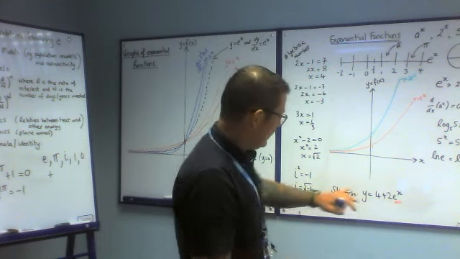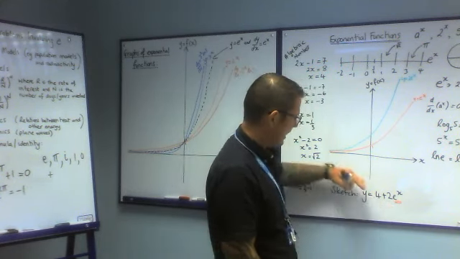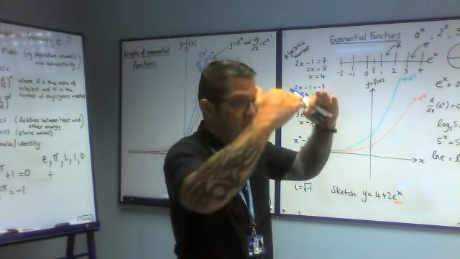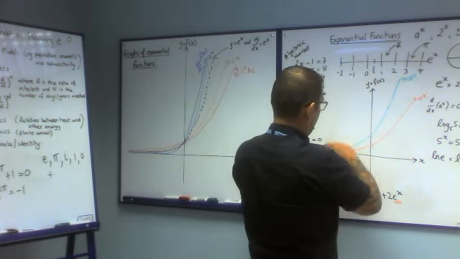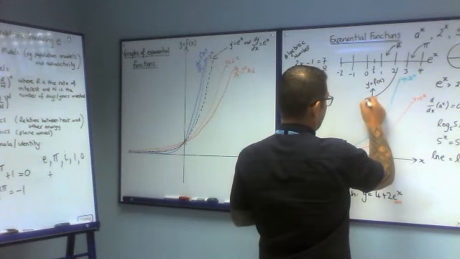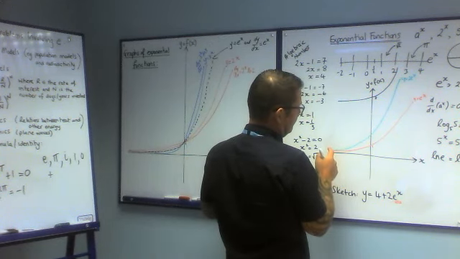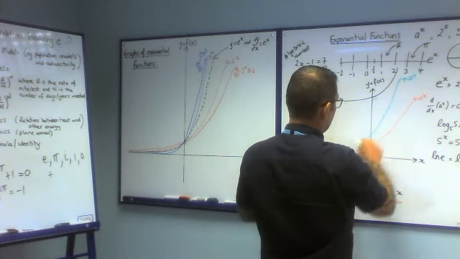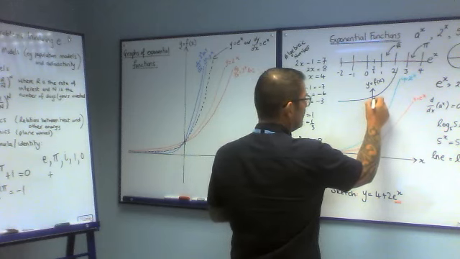And then finally, if we add 4 to it, what's happening is every value of 2e to the x is moved up by 4 units. So instead of going through at 2, it'll go through up here at 6, something like this, and then it'll still have the same sort of shape, but the main difference is that our asymptote will move up.